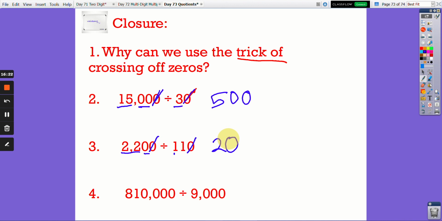Pause your video. Okay, unpause. Let's look here. We can get rid of 1, 2, 3 zeros in the divisor, so we'll get rid of 1, 2, 3 zeros in the dividend. 81 divided by 9 is 9, and then we just have 1 zero left over, 90.